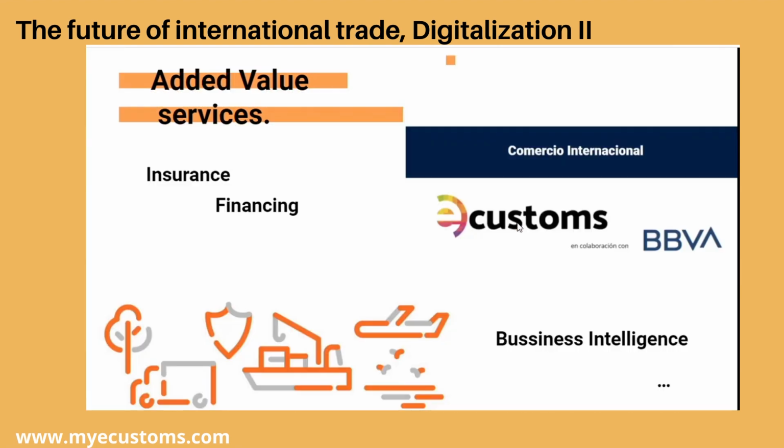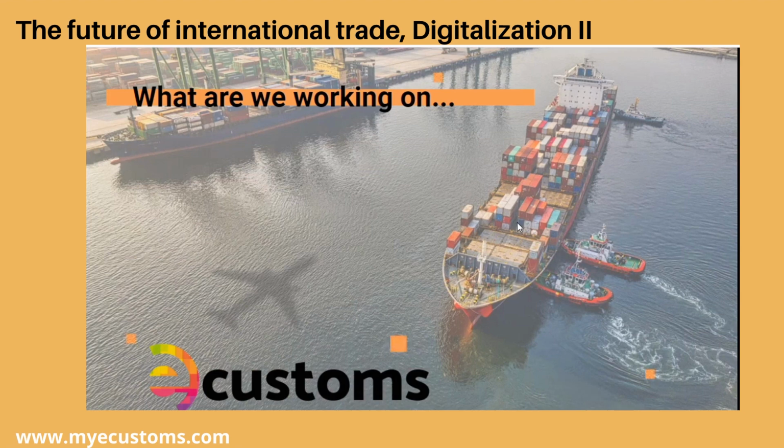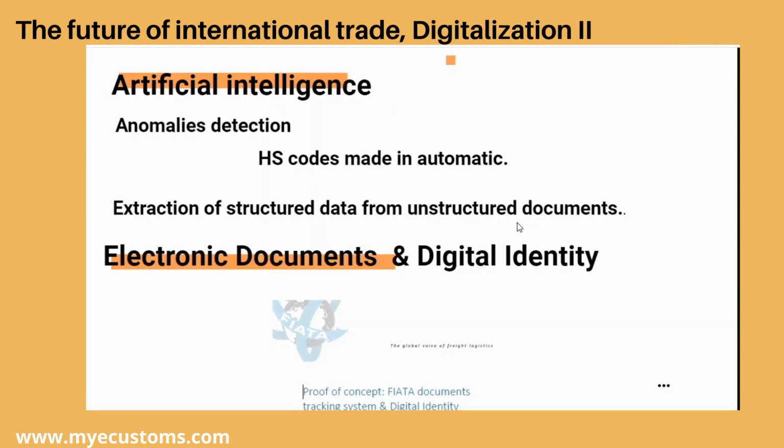As I have commented to you, we have added value services like insurance, financing, or, with the data that you have in the platform, you can do your business intelligence. And what are we working on right now? We are developing other functionalities with artificial intelligence, like, for example, anomaly detection, HS codes for customs made automatically from the description of the goods, or extraction of structured data from unstructured documents like those you have seen before.